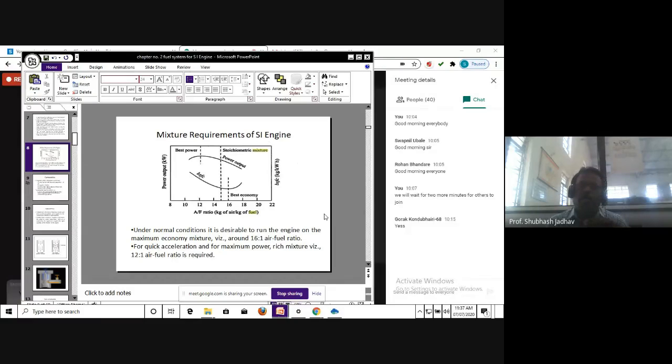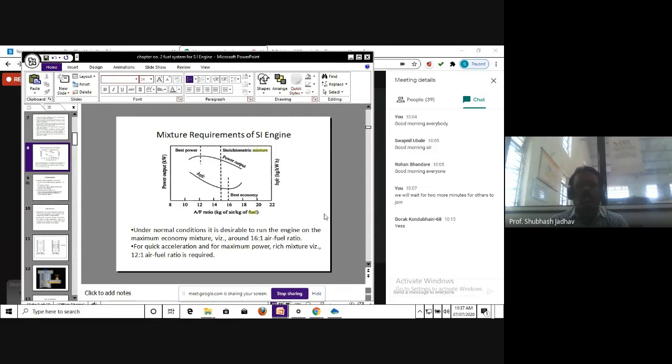We know that when the engine speed increases, the number of cycles of operation increases. If I take a two-stroke engine running at 1000 RPM, then there are 1000 cycles happening. If it is a four-stroke engine, then there are 500 cycles happening, because in a four-stroke engine we require 2 revolutions to complete 1 cycle.